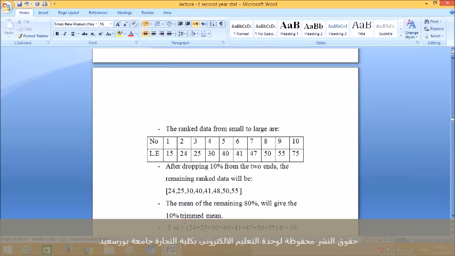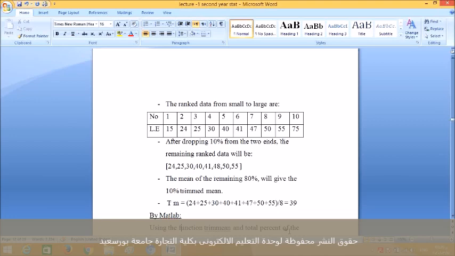The trimmed mean, denoted by Tm, equals the summation of the 8 observations divided by the number of these observations, which is 8 also. Then the trimmed mean will be 39.